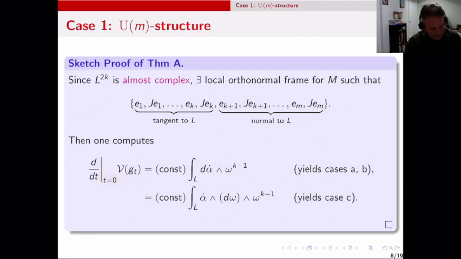And case B, again, you can write as d of omega to the k, up to some constant. Okay, so it's basically a computation where the different cases come out, and to get case C, you rearrange this formula using Stokes' theorem, and you write it this way. And from here, it's easy to obtain case C of our theorem. Okay, that's a sketch proof.